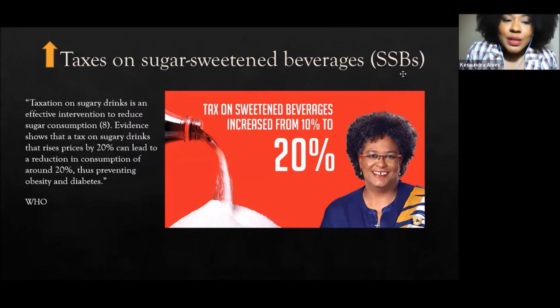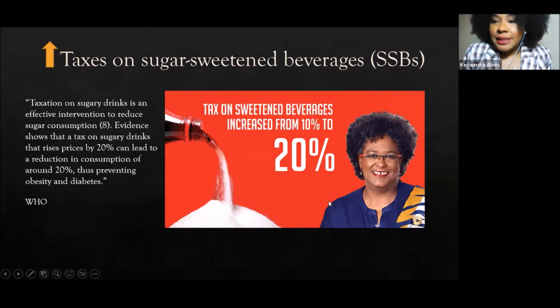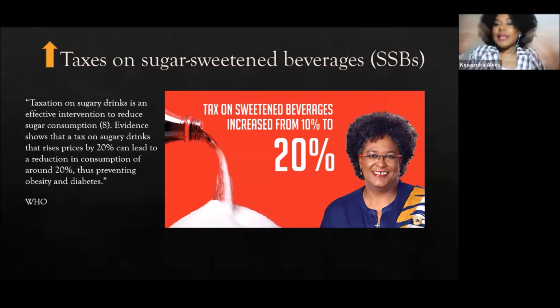Evidence shows that a tax on sugary drinks that raises prices by 20% can lead to a reduction in consumption of around 20%, thus preventing obesity and diabetes. So higher prices, less purchasing, less consumption, lower rates of overweight and obesity.